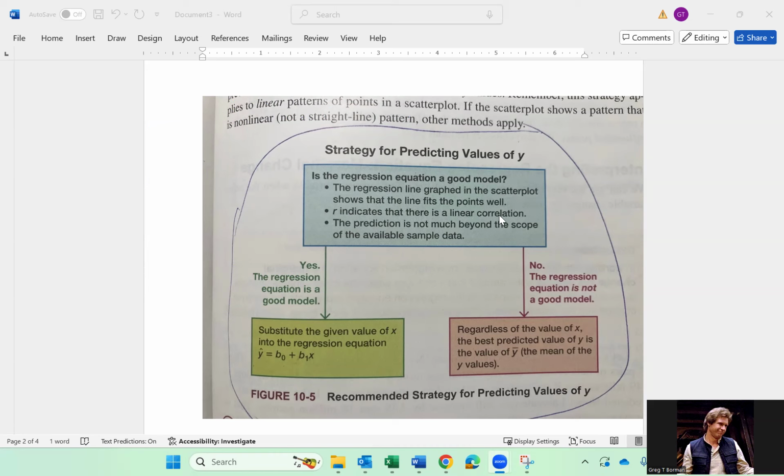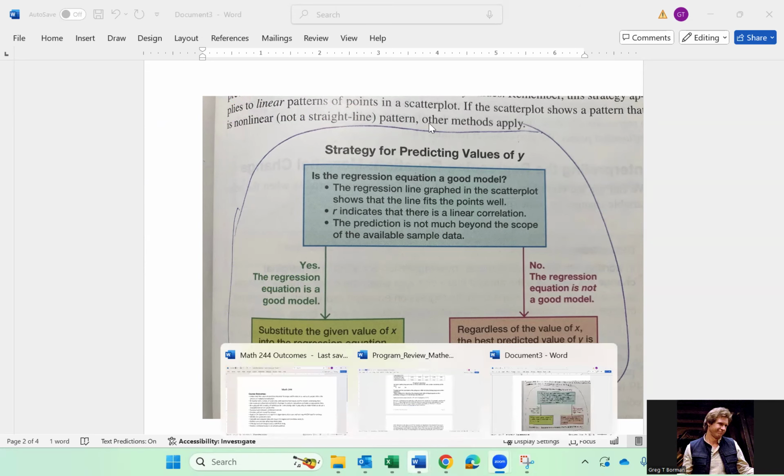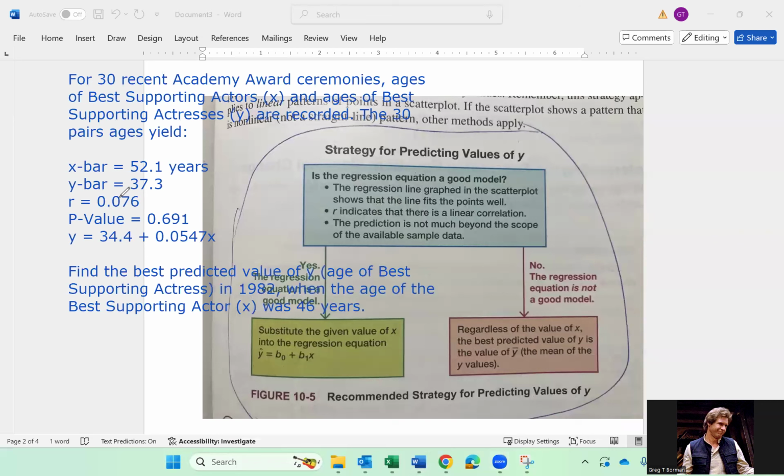R indicates that there is a linear correlation. Well, our R value is 0.076. That is not close to 1 or -1. In fact, it's much, much closer to zero, and zero is where there's no correlation.